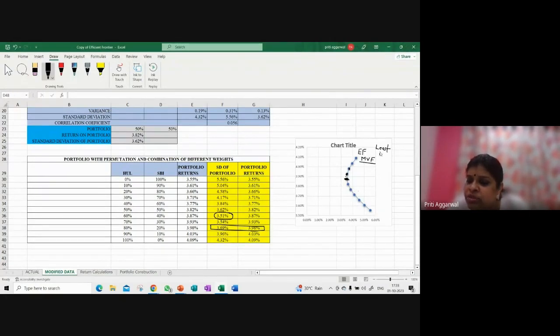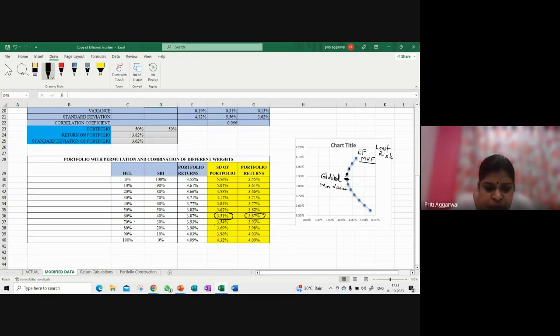The minimum variance frontier is what has been drawn, and you can see this is the global minimum variance, right? It's at a level of 3.1%, so it will be at this particular portfolio, right?